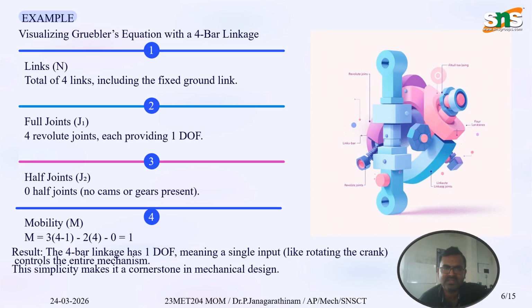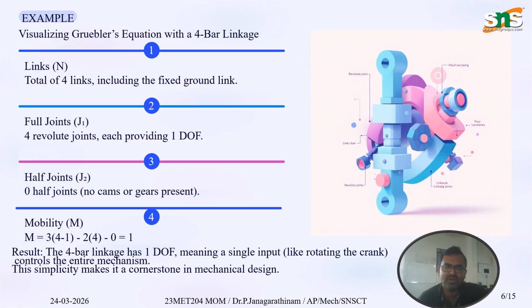Now visualizing the Grübler equation for a four-bar linkage: there are a total of 4 links, including the fixed ground link. The revolute joints each provide 1 degree of freedom, and the half joints are 0 because in our four-bar linkage there is no cam or gear present.